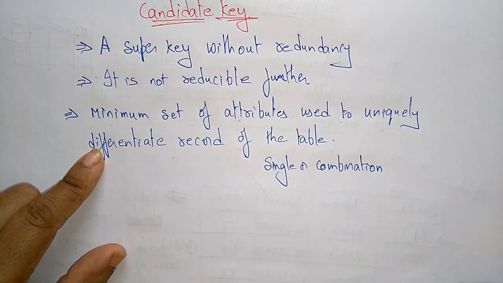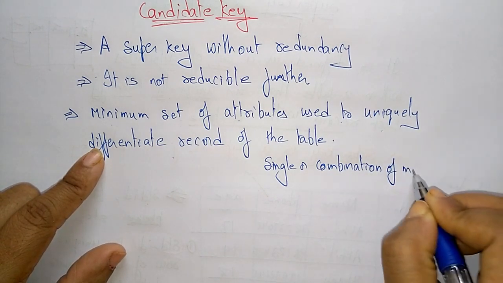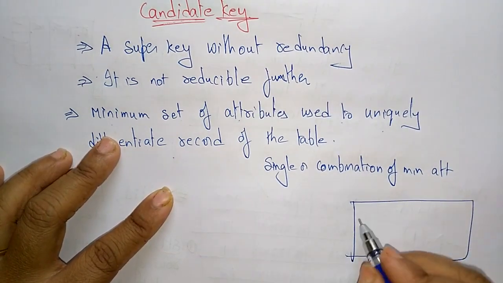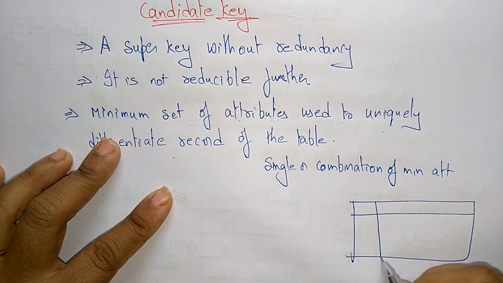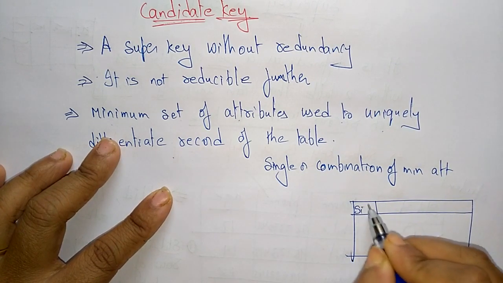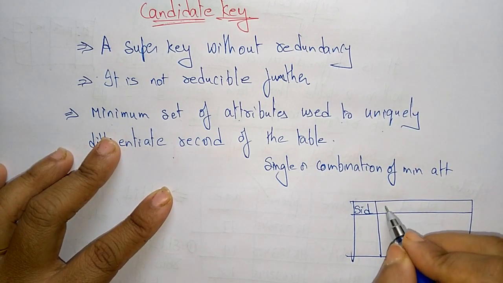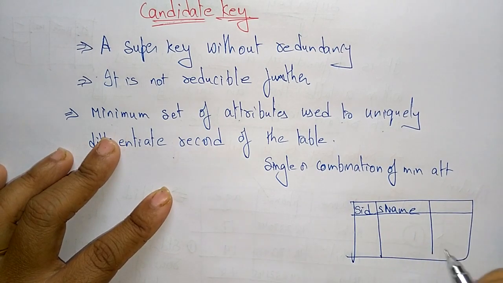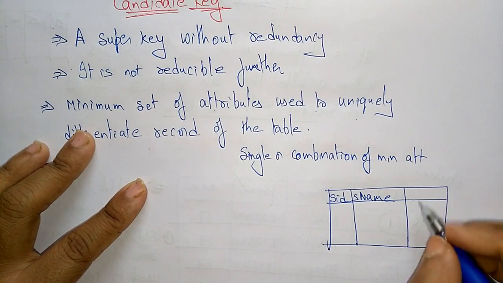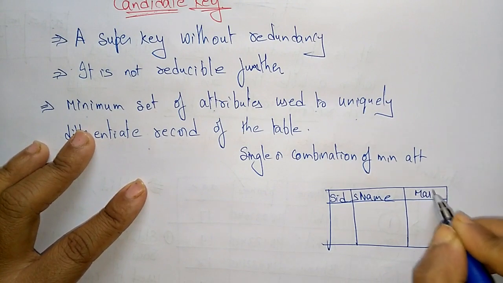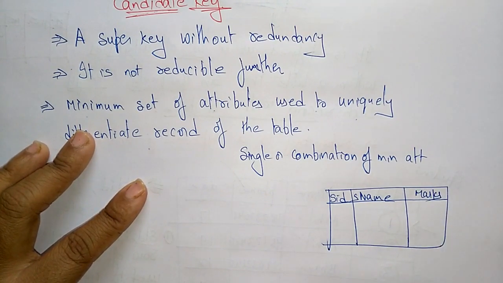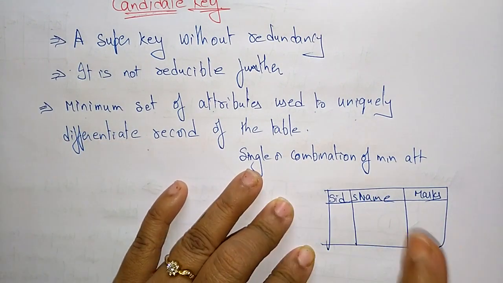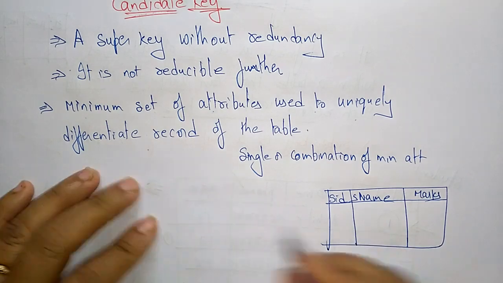Only take the combination of minimum attributes. Suppose this is a table with student ID, student name and marks.